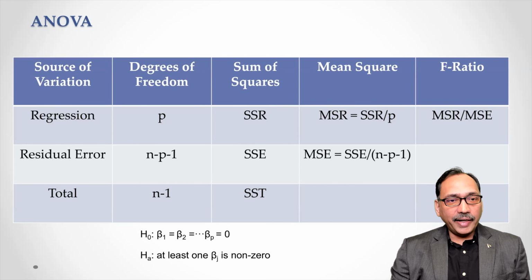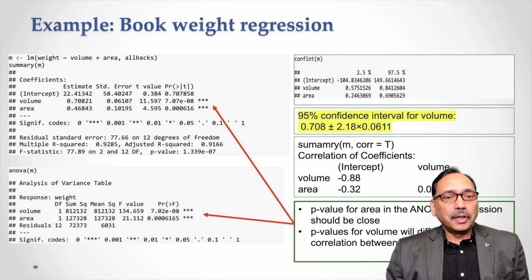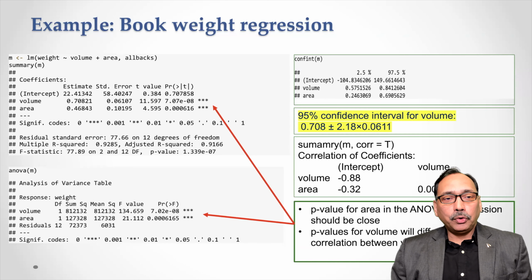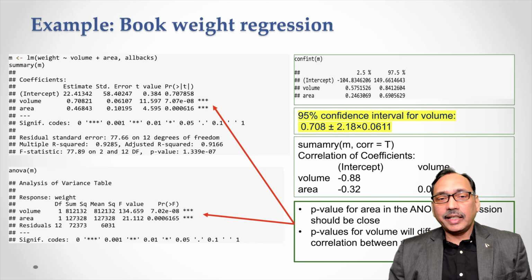Let's say you have 100 independent variables and you are doing a t-test for each one of those, at a 5% level of significance or with 95% confidence level.